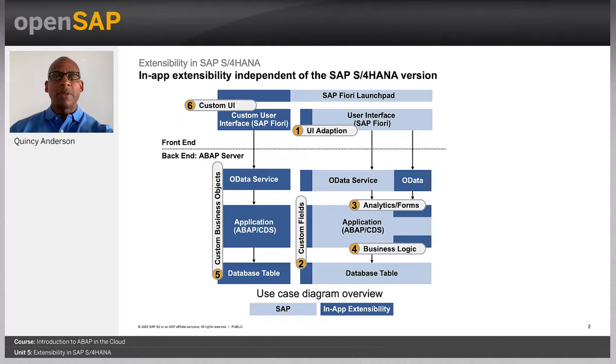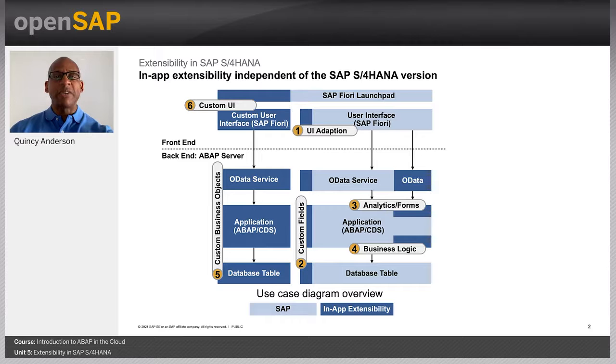Bullet point 3, custom CDS views, analytics, and forms, allows customers to create new views based on an existing view model with all supporting features such as associations, joins, and selections. In bullet point 4, business logic, enhancement spots, also known as BAdIs, can be implemented.